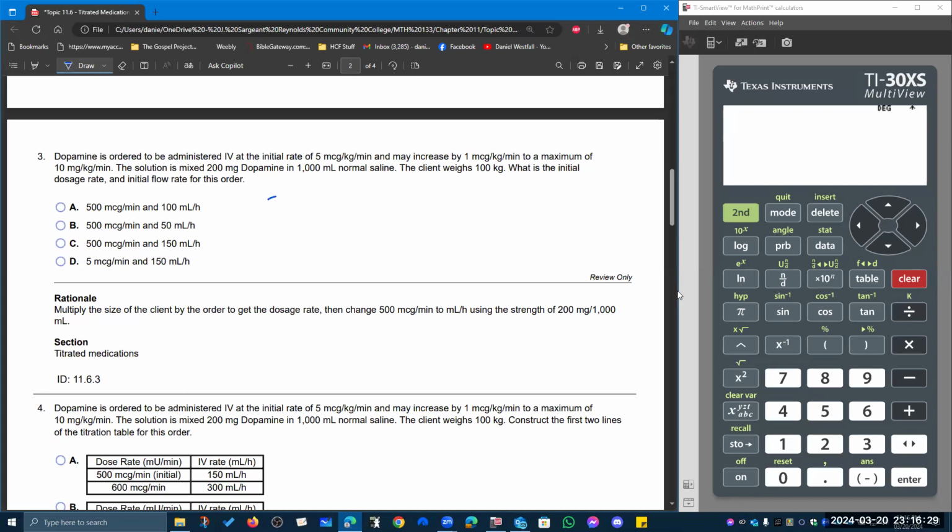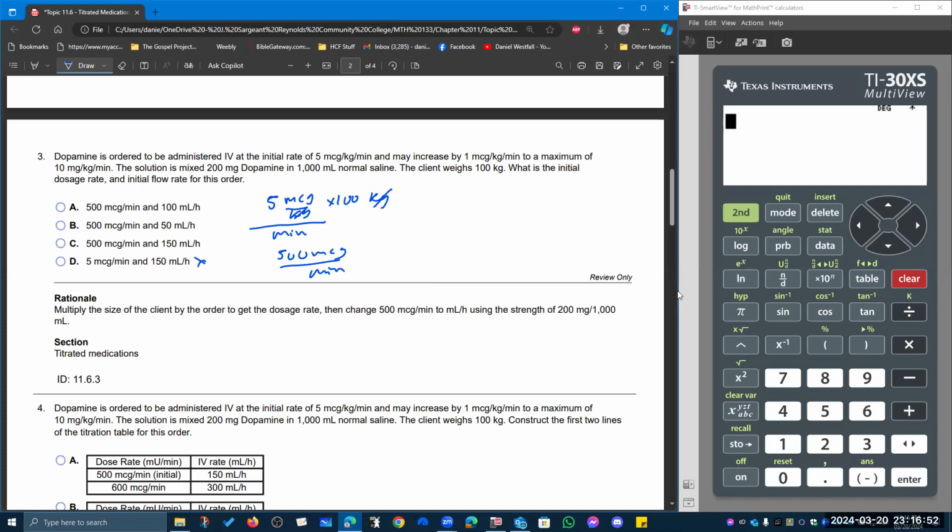What is the initial dosage rate, the initial flow rate of this order? So we have 5 micrograms per kilogram per minute times 100 kilograms is 500 micrograms per minute. So that's that option.